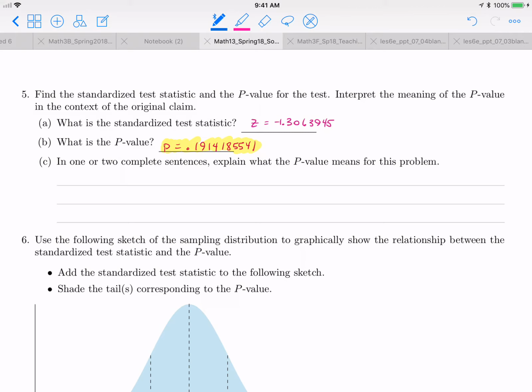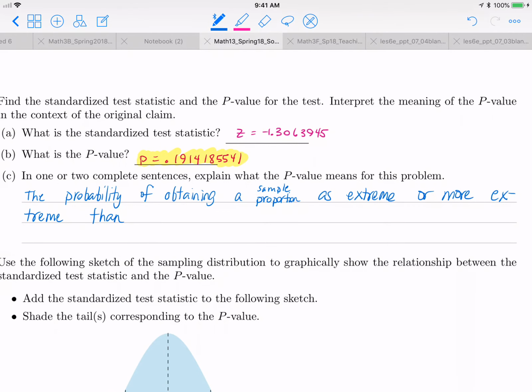So what it means is the probability of obtaining a sample as extreme or more extreme than, and this is a sample proportion, so let me clarify this, a sample proportion as extreme or more extreme than 21%.